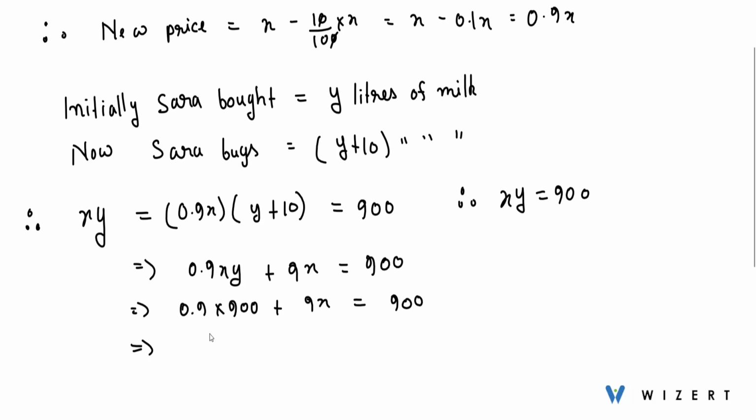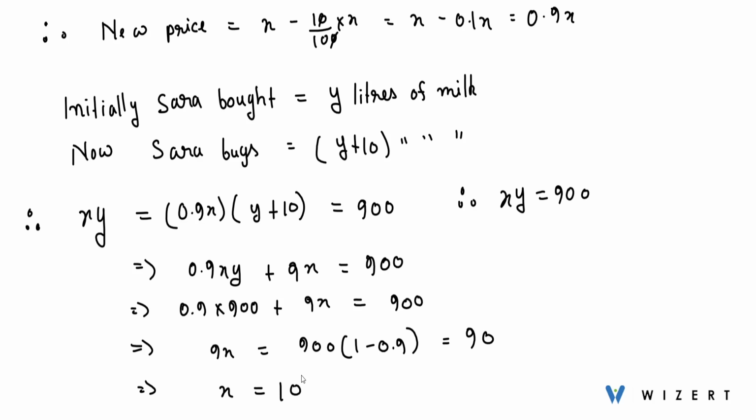Shift 0.9 multiplied by 900 to the right hand side, so it will become 900 minus 0.9 multiplied by 900, so 900 times 1 minus 0.9, which is 0.1, which will be equal to 90. Divide both sides of the equality by 9, so x will be equal to 90 upon 9, which is 10.